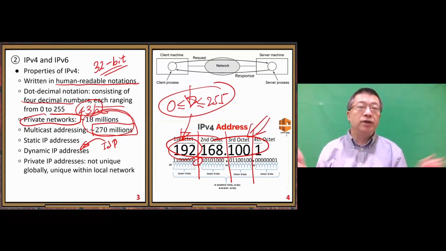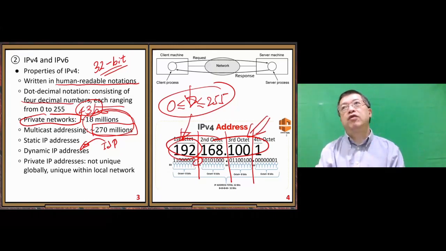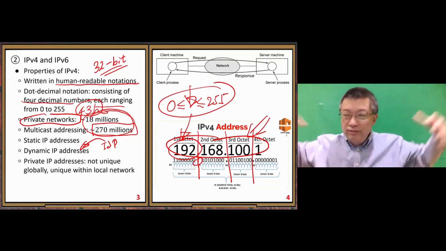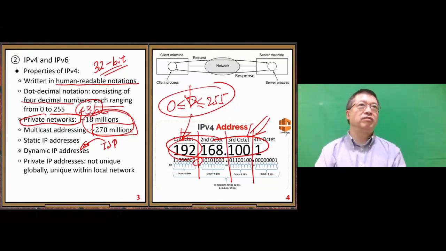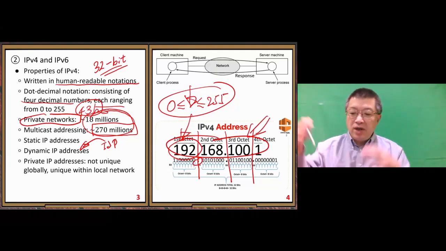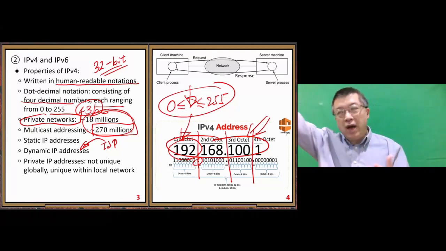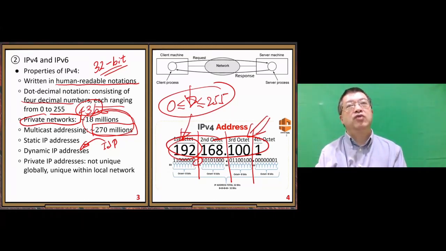So that's not unique. Many people use the same IP address for their private networks. Why is there no conflict? Because it's private to your own region. You use this to communicate inside your own network, not to communicate with the outside world. So that's why you are fine. That's the private IP addresses.